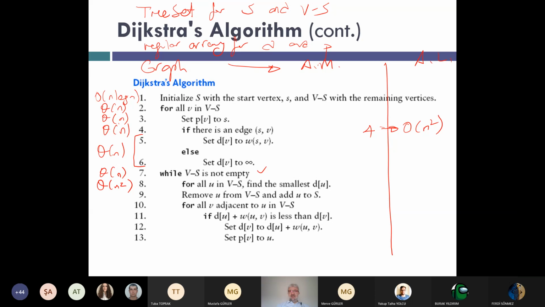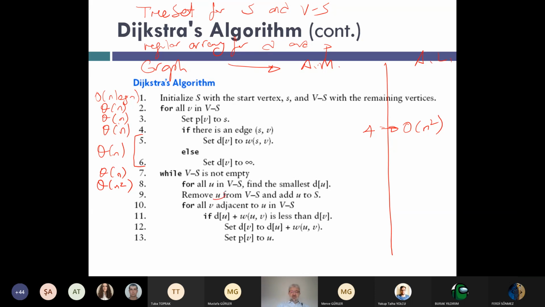In the third iteration, we have to find the smallest in n minus 3 elements, etc. So the total running time for all the find smallest operations will be quadratic. Clear, right? It doesn't depend on the graph implementation.